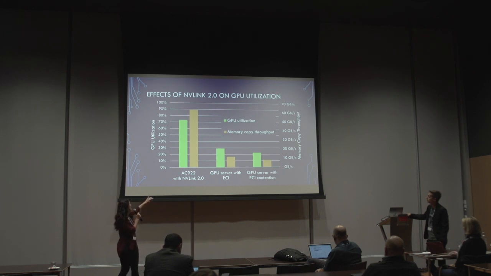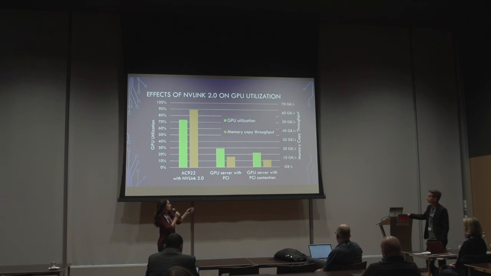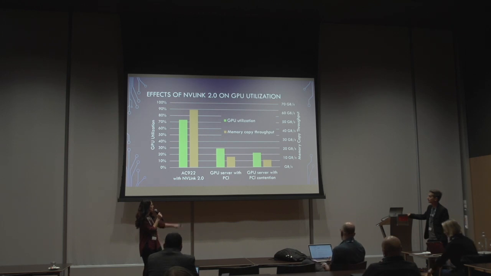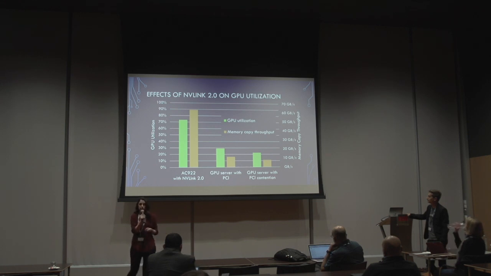You can see running this on the AC922 what we get, and in the middle is the PCI connected box without PCI contention. At the end, when you do have PCI contention, the memory copy throughput goes down, and hence so does your GPU utilization, because you're sitting around and waiting.